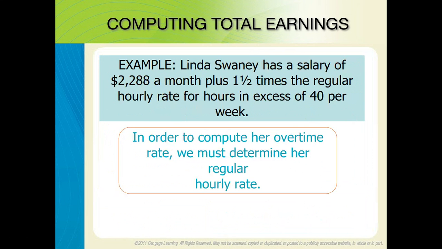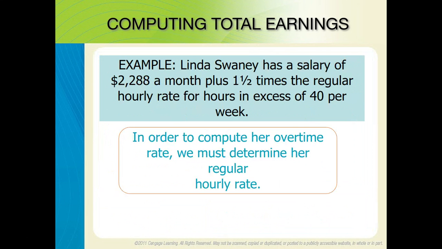Let's say that you get a salary wage and you are eligible for overtime. There's a different way to go about figuring out how much you would make in overtime. Linda has a salary of $2,288 a month plus 1.5 times the regular hourly rate for the hours in excess of 40 per week.